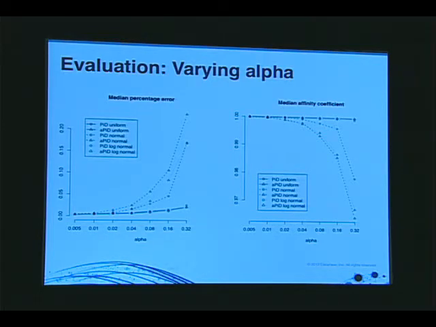But since we just use a small value of alpha, like 0.01 or 0.02, no matter what the distribution is, the error is always small. If we would use a larger alpha, the error would increase much faster.